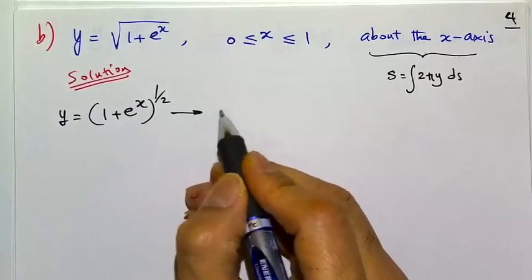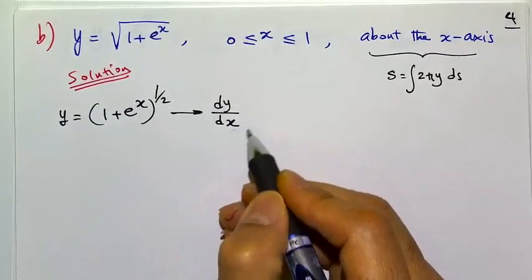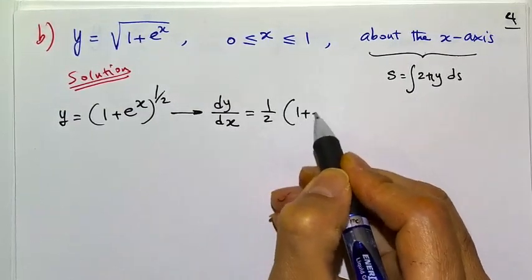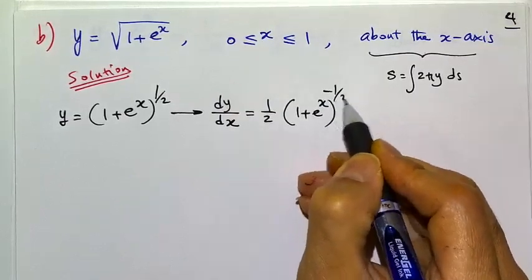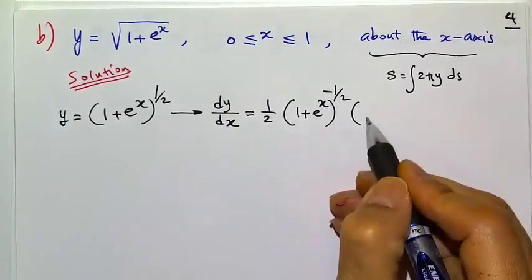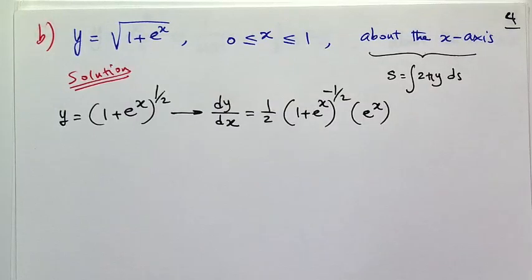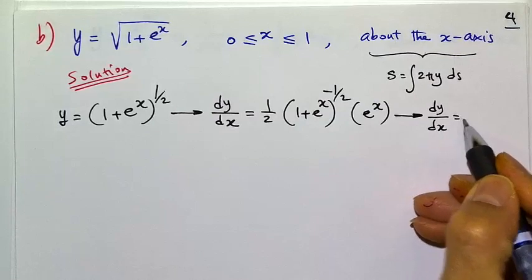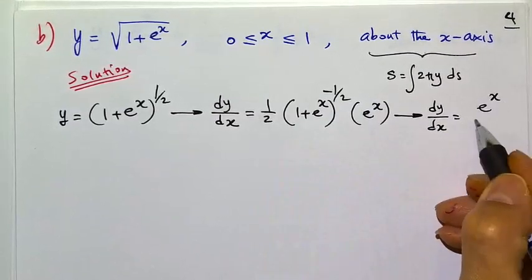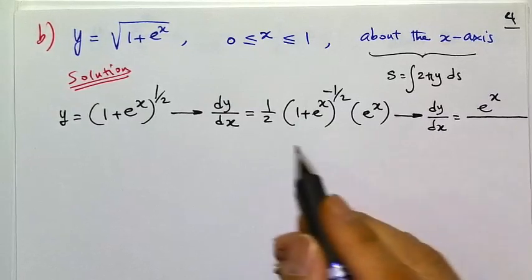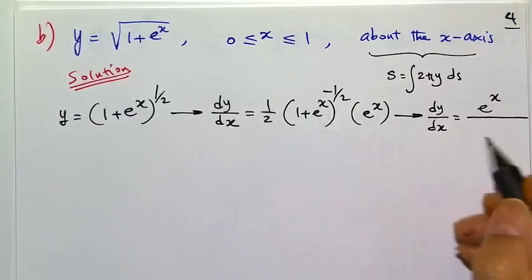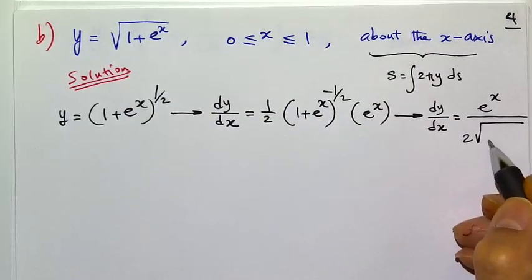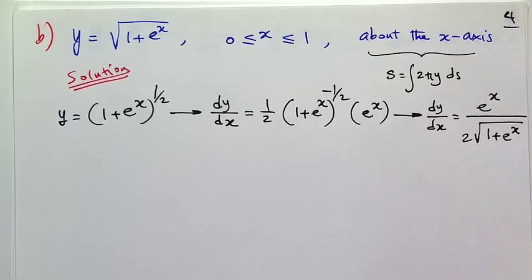Then from that, dy/dx would be equal to 1/2 times (1 plus e to the x) to the minus 1/2 power times, of course, e to the x. Let's simplify this a bit. So we have dy/dx equals e to the x divided by 2 times the square root of 1 plus e to the x, because of the negative exponent we find that in the denominator.